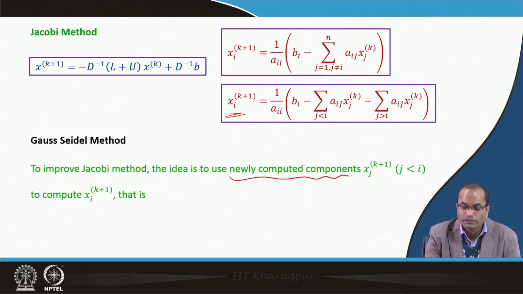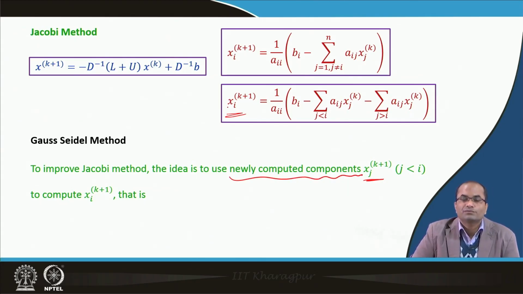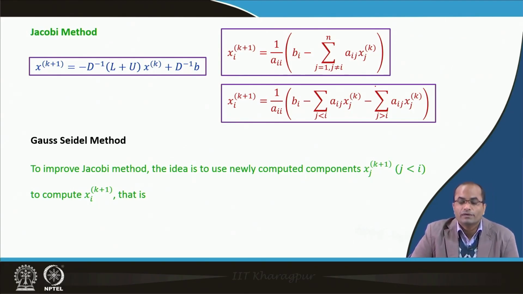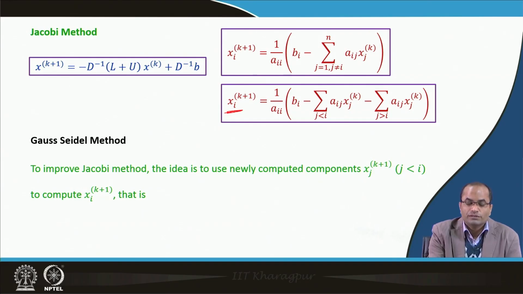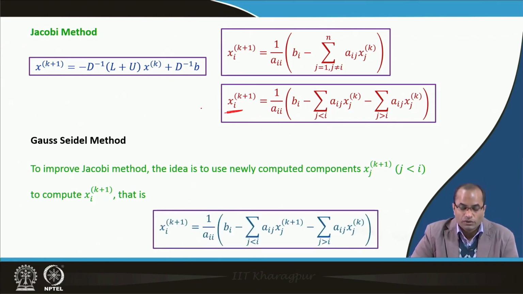Newly computed components. Whenever we have computed, for instance, x_1, this x_1 should be used there instead of the values from the previous iteration. When x_1, x_2 are available, we should use these x_1, x_2 to get x_3, for instance. This is the idea of Gauss-Seidel.